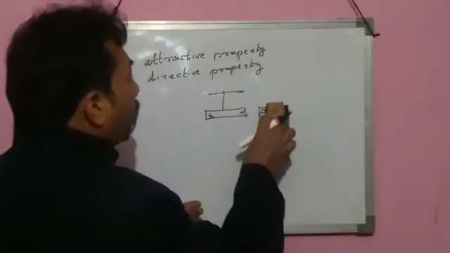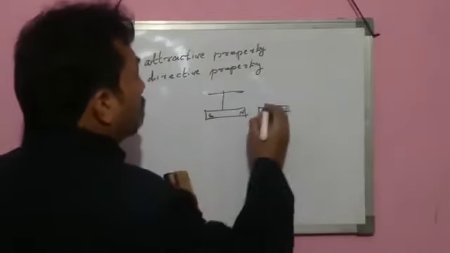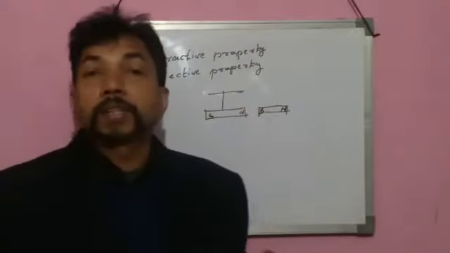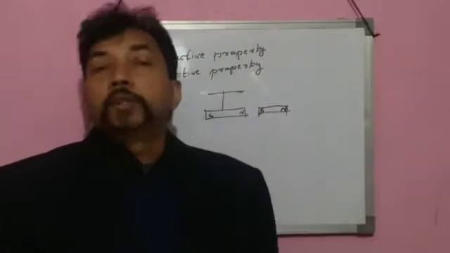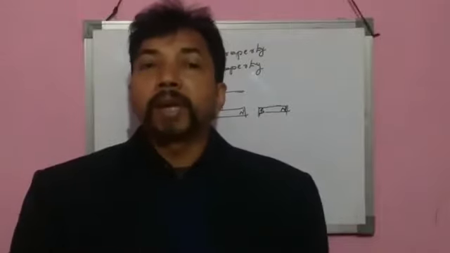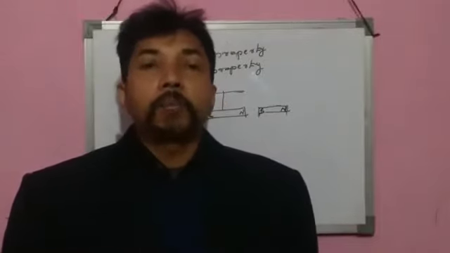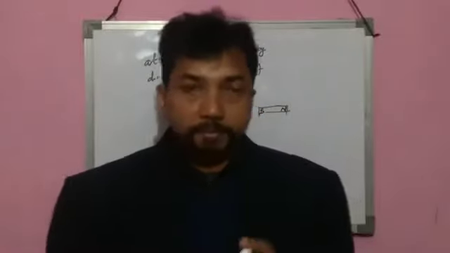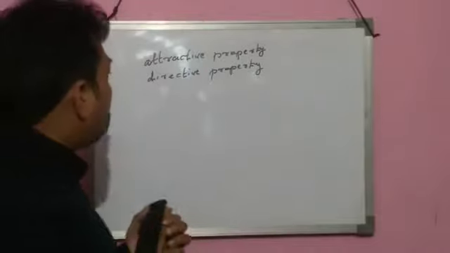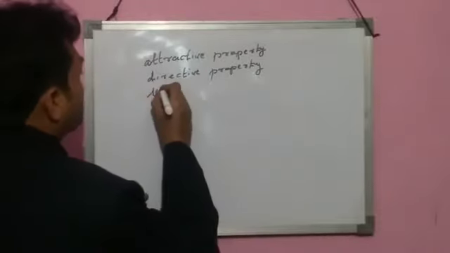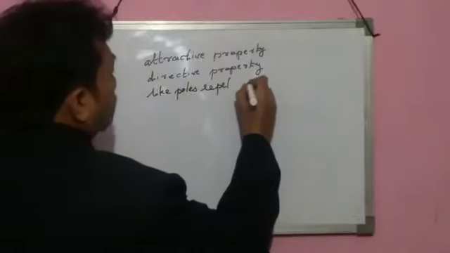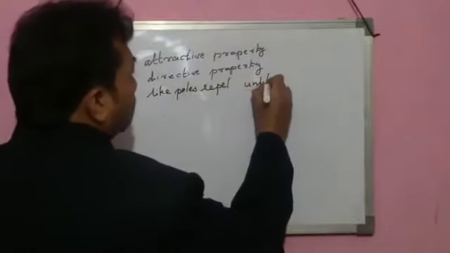And if the south pole of a magnet is brought near the north pole of another magnet, you can see their attraction. So this is the third property: like poles repel and unlike poles attract.